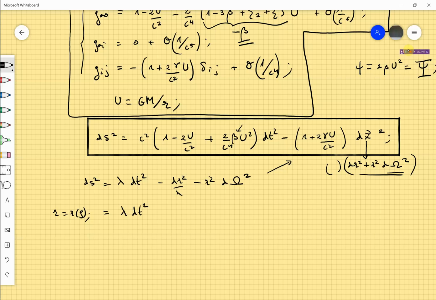Here I should write a c squared if I want to keep all the factors of c. And you have 1 over lambda dr over d rho squared d rho squared minus r of rho squared, which could be a function of rho. I divide by rho because I want to make rho explicit here.